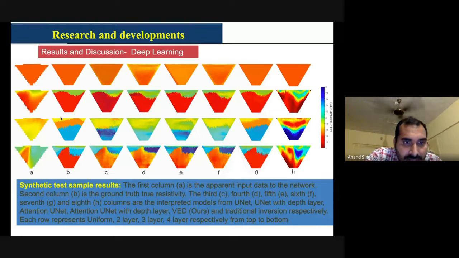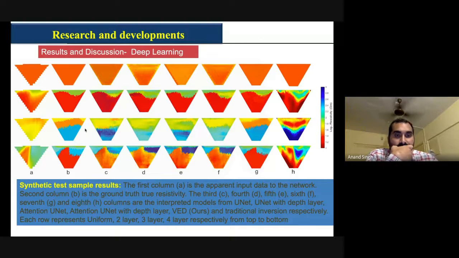We have taken three layers, and the third layer resistivity is coming from 0 and going up. Now with the attention U-Net, you will notice that it almost failed to provide that, but it is still trying to provide some better images. This is the second layer, this is the third layer. So from the traditional inversion point of view, the image quality is better, but not very close to the true one.